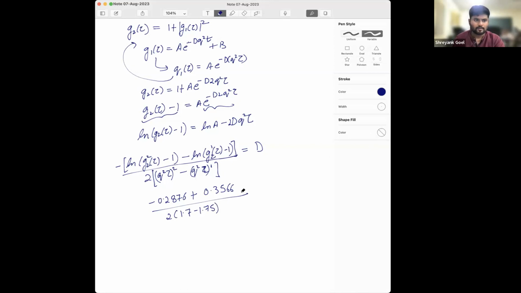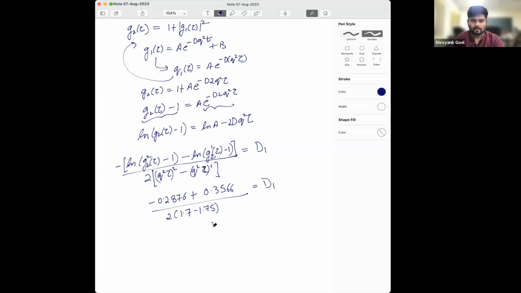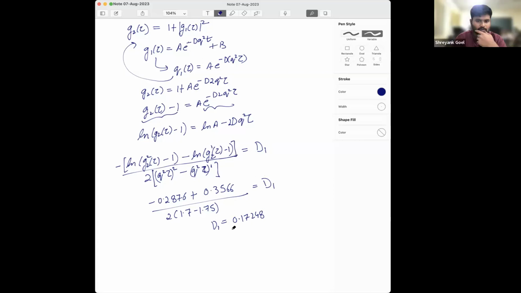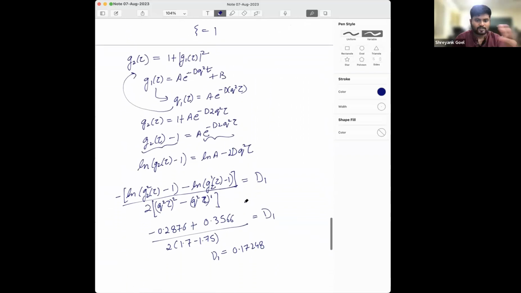Correct? Correct, Debaru? Yes, sir. So D1. So we will be getting a number of diffusivity. So from here we are going to get 0.17248. Is it correct? Are you getting it? Yes, sir. Okay. So you can do this in Excel.